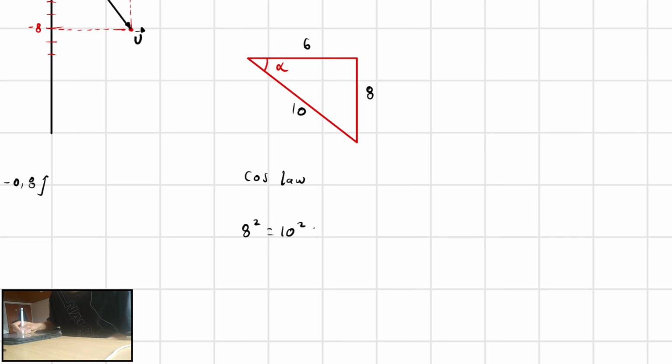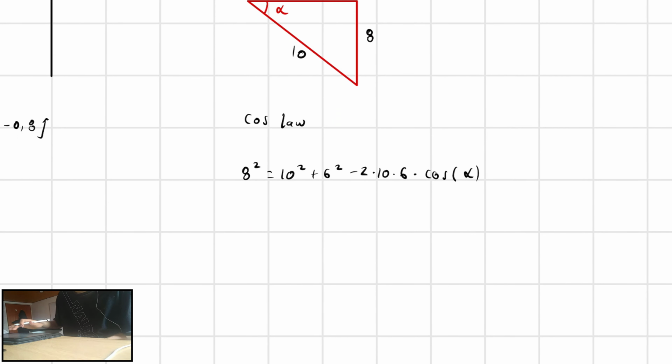So you're going to use the other 2 sides squared and added, minus 2 times the other 2 sides multiplied by the cosine of the opposite angle. For example, if I have 8 right here, I should use the opposite angle, in this case alpha, the angle that we require. All right, we have the entire equation, one unknown.